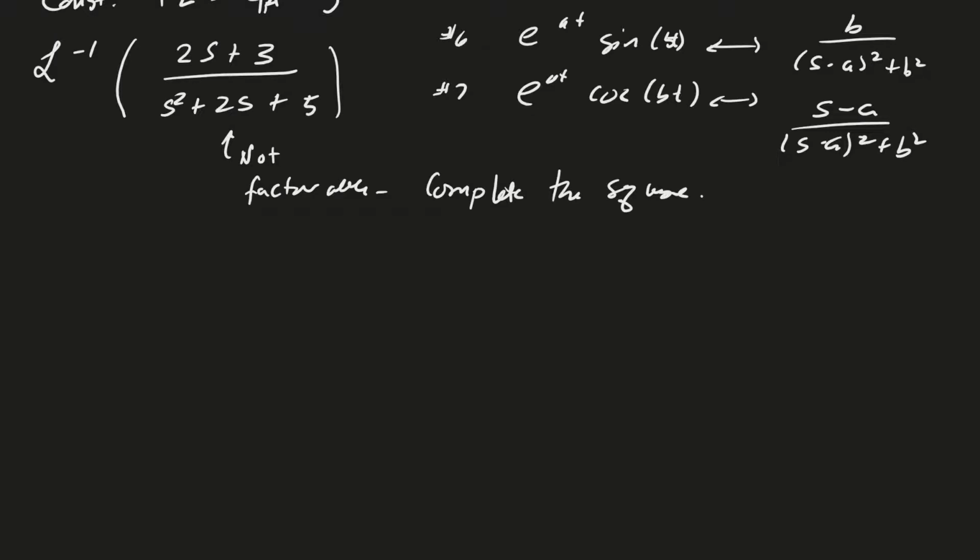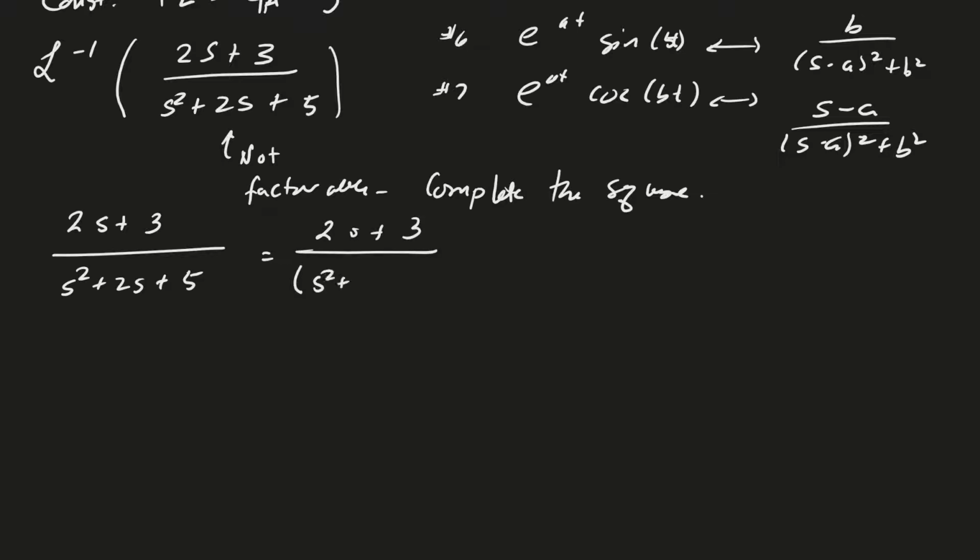And so let's just go ahead, and before I do any inversion, I'm just going to be doing some algebra. 2s plus 3 divided by s squared plus 2s plus 5. I'm going to complete the square in the denominator. And so I'll have s squared plus 2s plus 5 minus. So what am I going to add and subtract there?